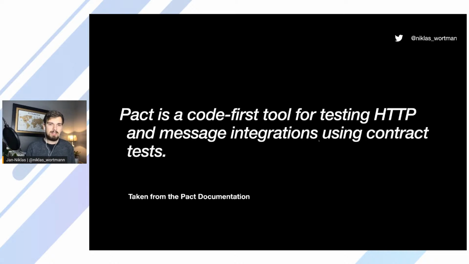I think we covered that already. So now we know that Pact is more of a testing tool providing consumer-driven contract testing. Just to give an example, Jasmine and Karma are tools to implement unit testing for Angular applications, for example.